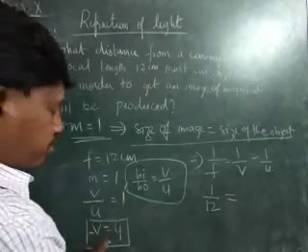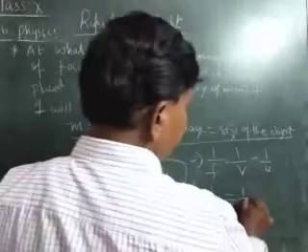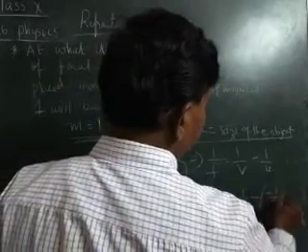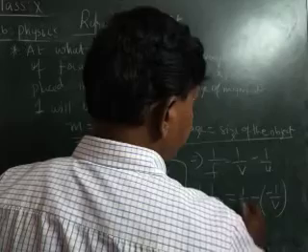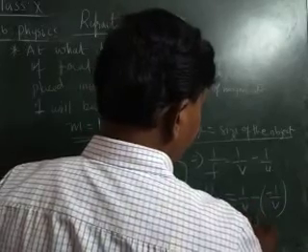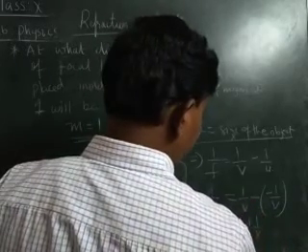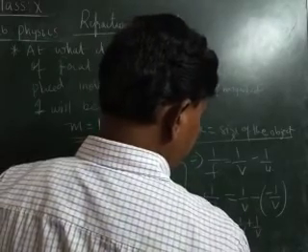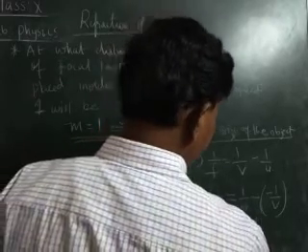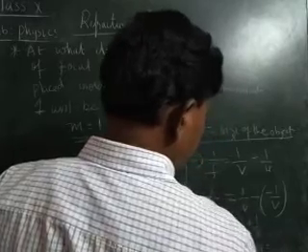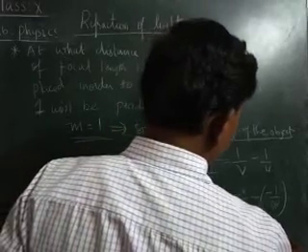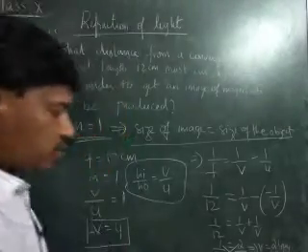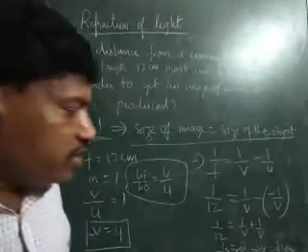Therefore, instead of U we write minus V. 1 by V minus of minus 1 by V, that is 1 by V plus 1 by V, that is equal to 2 by V. 2 by V is equal to 1 by 12. Cross multiplication, V is equal to how much, children? 12 twos are 24 centimeters. V is equal to 24. As V is equal to U, U is also 24. U is 24, V is also 24.